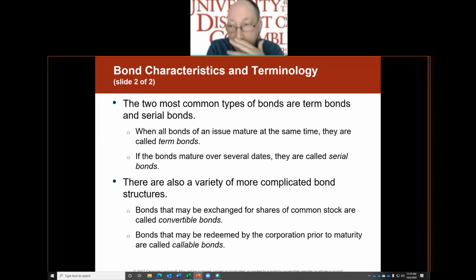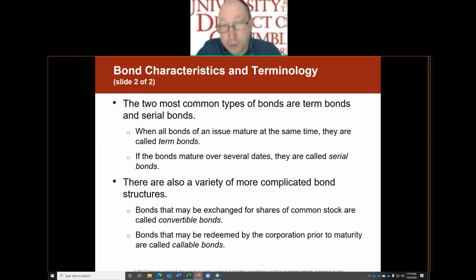As I said earlier, one bond can be made up of several small bonds, and all of those small bonds can mature at the same exact time. We call those term bonds.